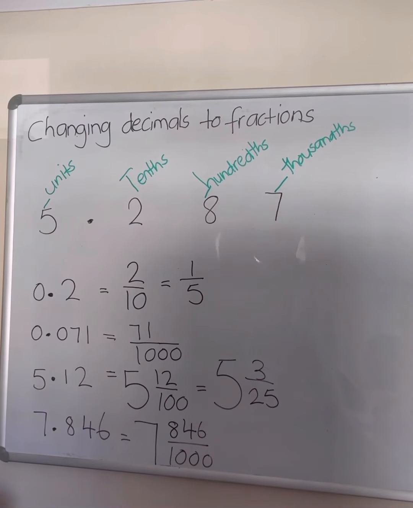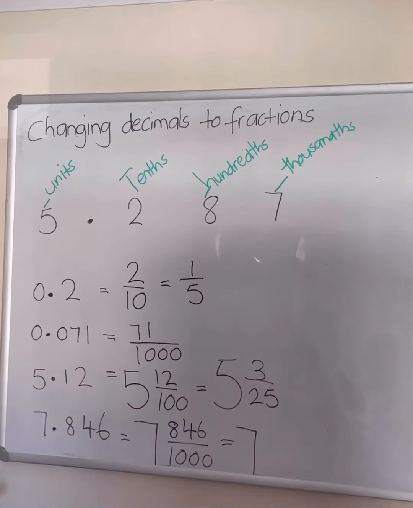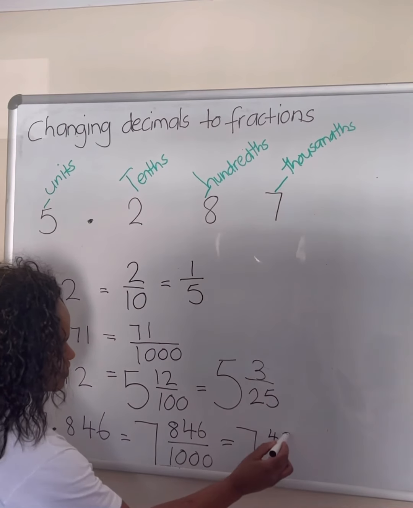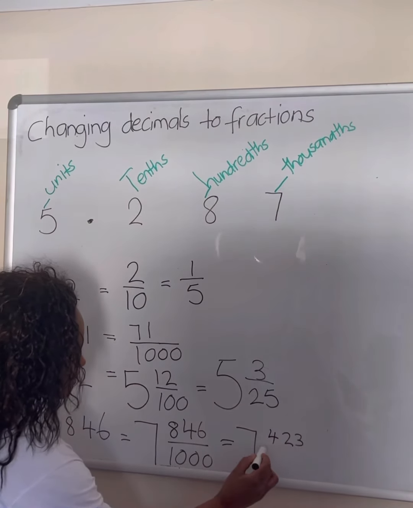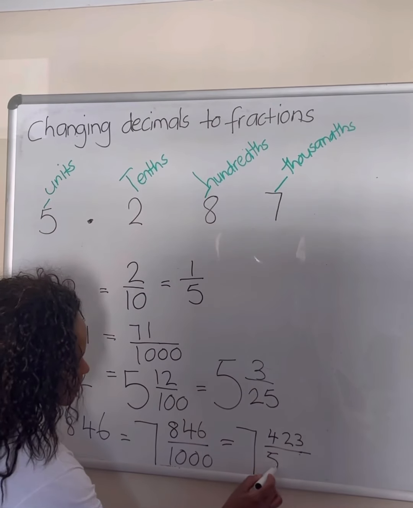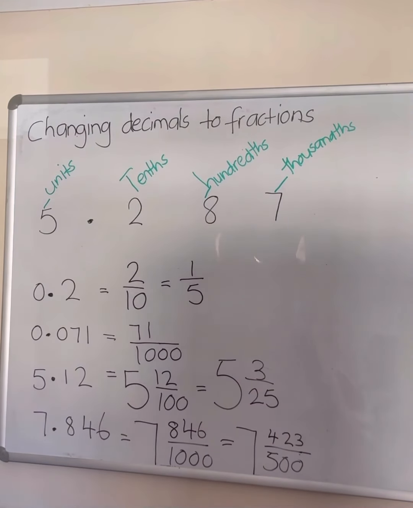Okay, we can try simplifying this, reducing it. So that will be our big 7. What number can go into both? We can use 2 to make it smaller. 2 into 846, it goes 423. And 2 into 1,000, which is half of 1,000, which is 500. Okay, so you've simplified it.